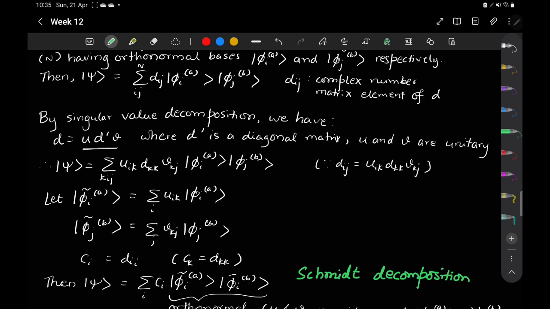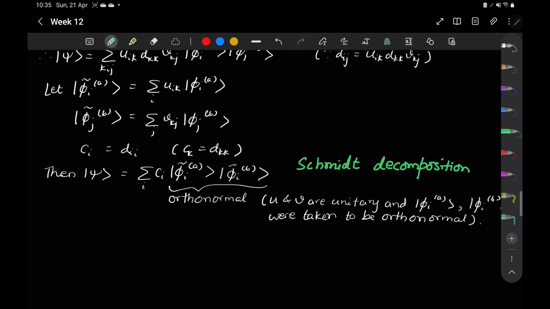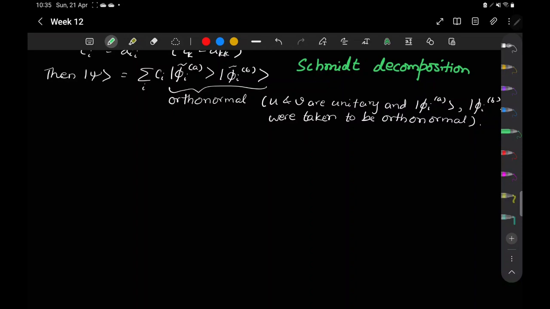So now let us look at the next part of the question, which is to find the entanglement of formation. So let us look at the next part.